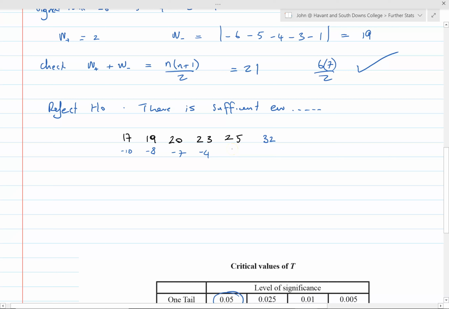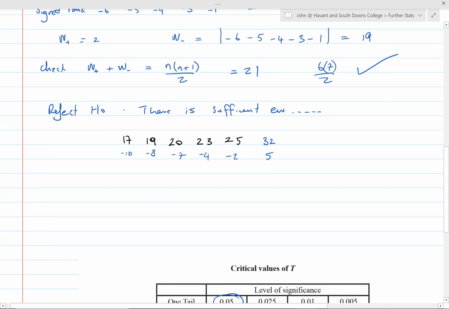This number here would be 2, this number here would be minus 2, and this number here would have been 5. Then the rankings would have been different. So the ranking here would have been 1, 2, and this already then goes to 3, and 4, 5, and 6.